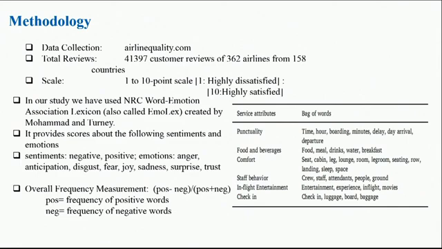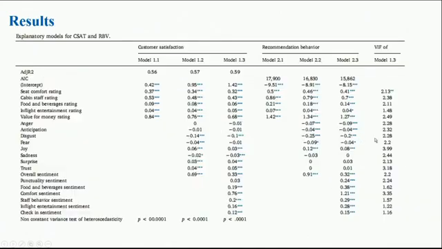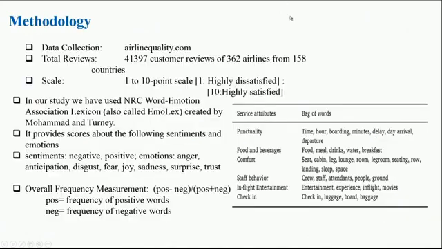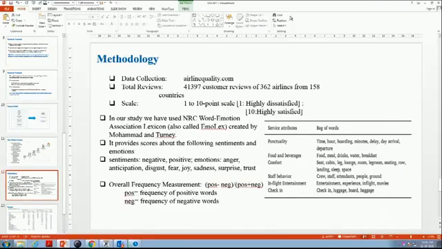In our study we have used NRC, so forget about that, we will discuss it later. These are the service attributes and these are the words that we have created.